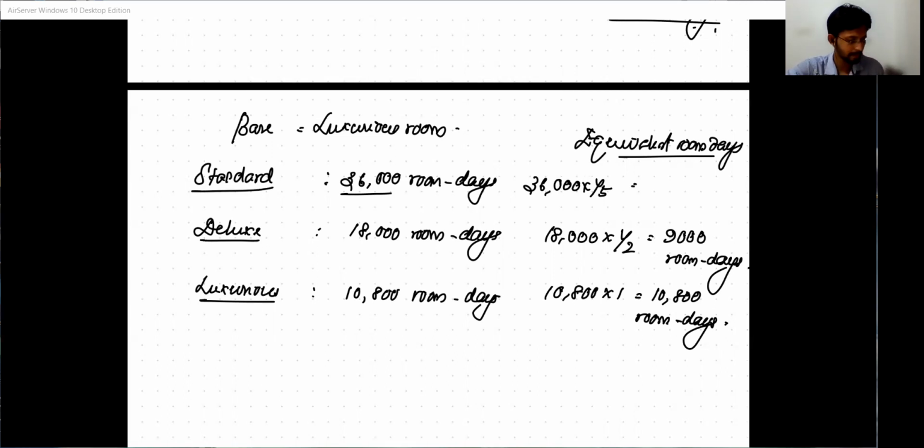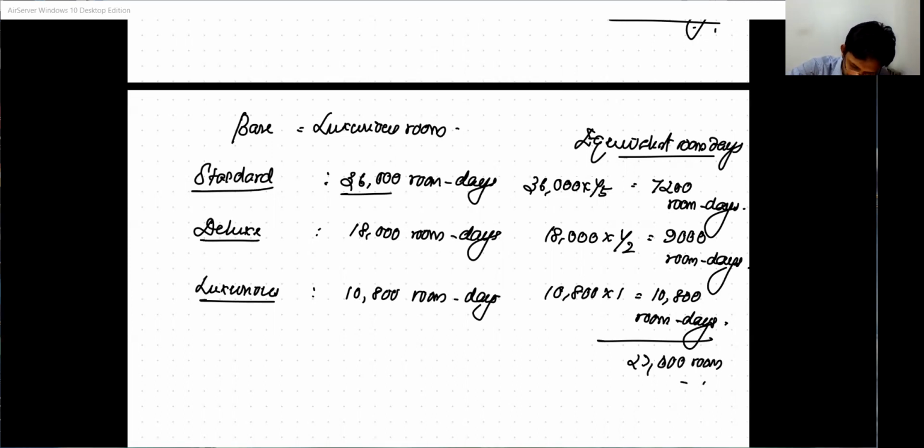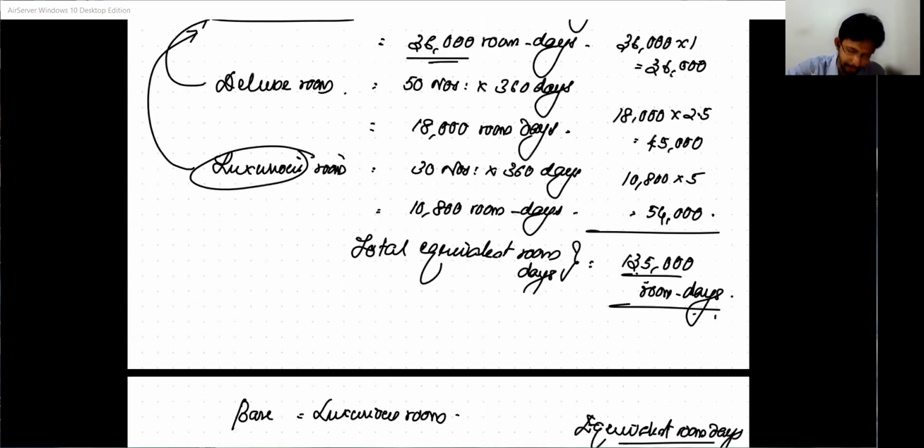That is 7,200 room days. So you have total how much? 7,200 plus 9,000 plus 10,800. So total will be 27,000 room days. See, in the first case, the equivalent number of room days was 135,000.